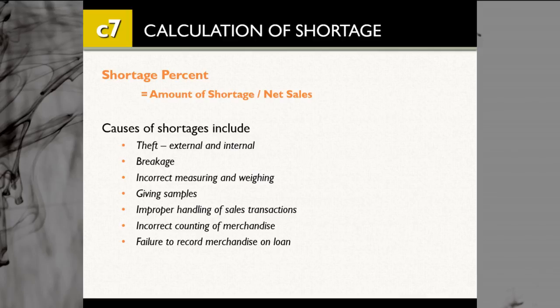Incorrect measuring and weighing are part of the shortages, and giving samples is an example of shortages. Improper handling of sales transactions and incorrect counting of merchandise will also cause these shortages. And failing to record merchandise on loan is another cause of shortages.